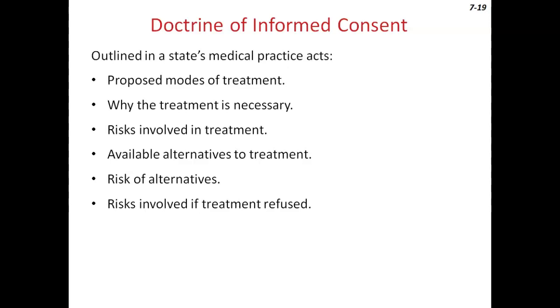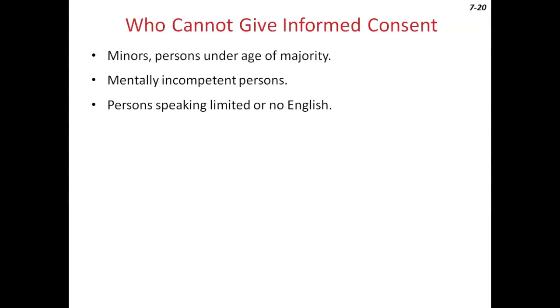In order for informed consent to truly be there, you need to have feedback from the patient that they understand. And you need to represent both the benefits and the drawbacks of every side of the situation. People who cannot give informed consent would be minors or anyone under the age of majority, people who are mentally incompetent, or people speaking limited or no English.